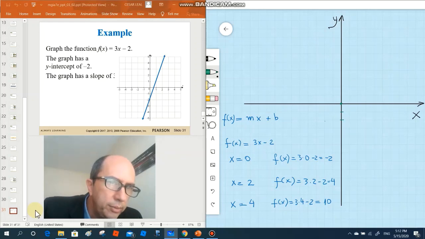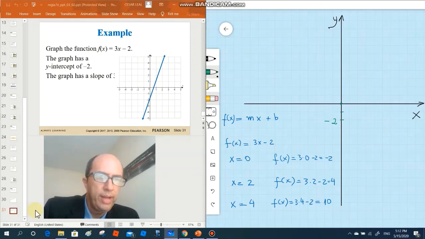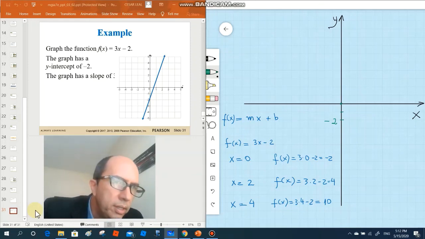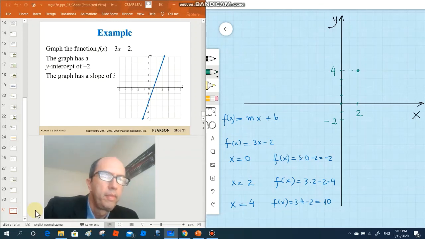1, 2, negative 2. For x equals 2, f(x) equals 4. So here x equals 2, f(x) is 4. And x equals 4, f(x) equals 10, or y equals 10. 5, 6, 7, 8, 9, 10.